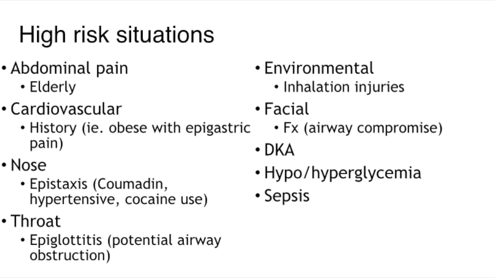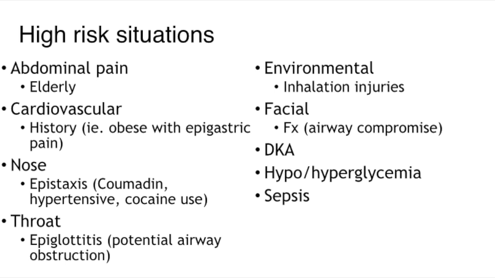We also have to consider the elderly population as a high risk, because if they're having abdominal pain, they have a high potential of perhaps a bowel obstruction, a GI bleed, or other complications that can be significant for a higher morbidity and mortality when compared to your younger patients.